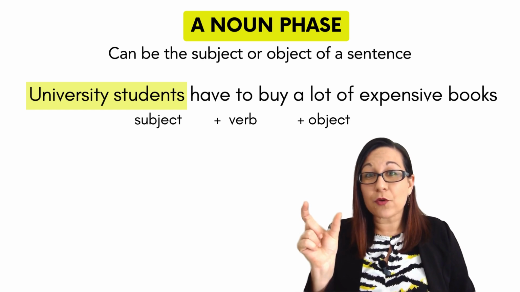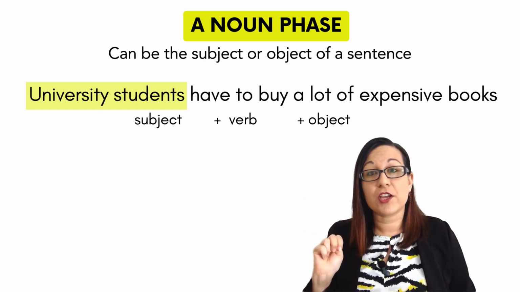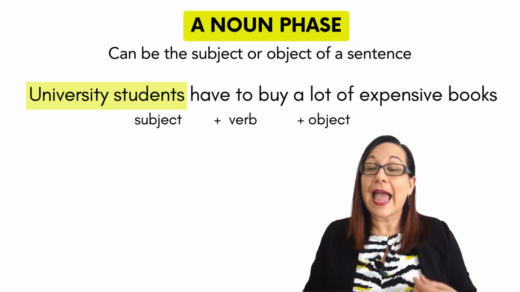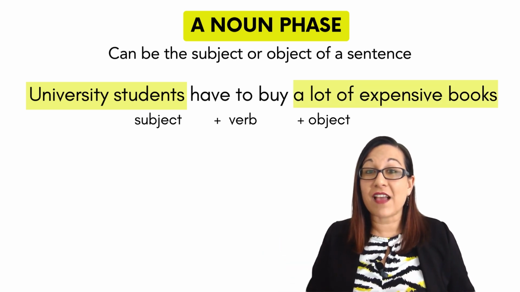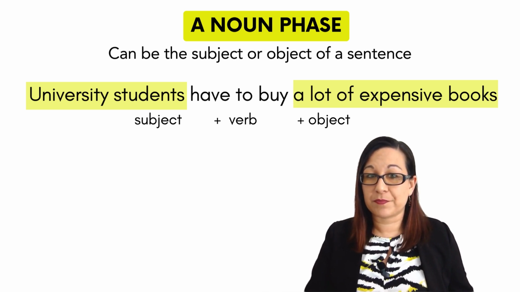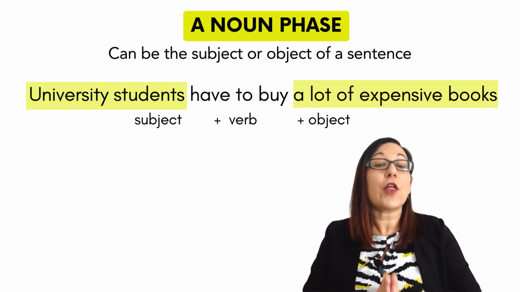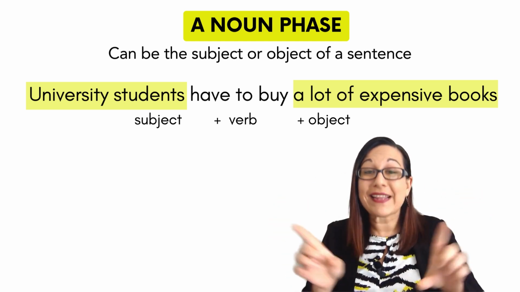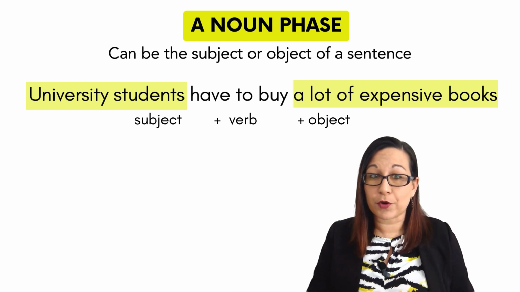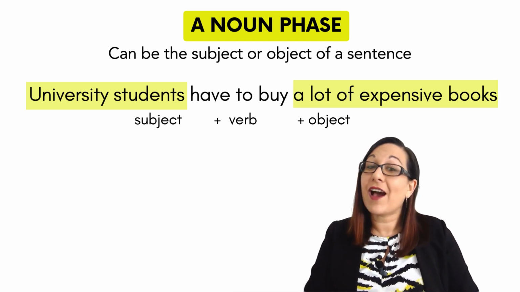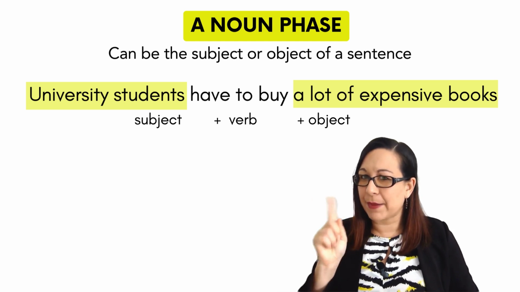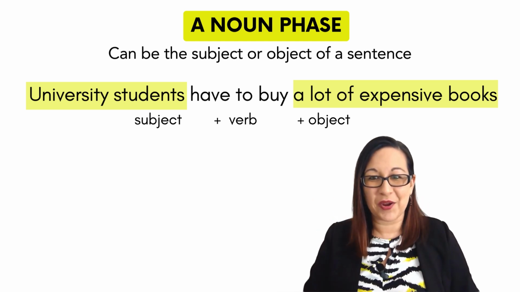So that noun is actually two parts, so it's a noun phrase. And the second noun phrase is a lot of expensive books. So now that you've got the concept of a phrase consisting of a group of words, let's look at the different types of phrases in both academic and business contexts.